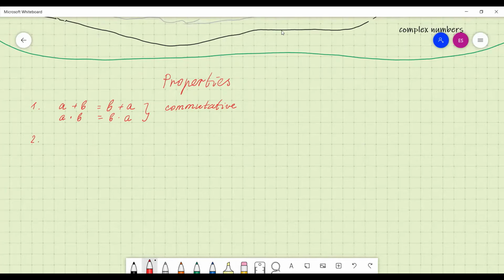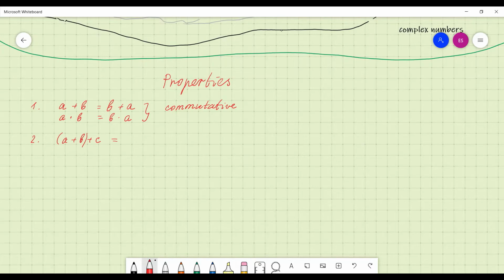Number two, associative property. Associative property is about parentheses. So if you have 3 terms added, it does not matter how you place parentheses in this addition, meaning that the order of operations in several equal operations does not matter.